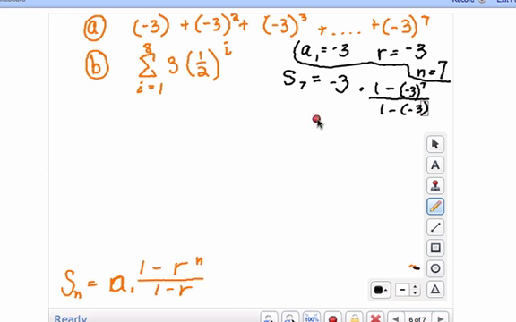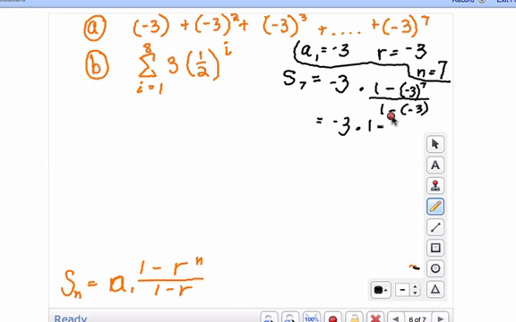Okay, so let's simplify this. It gives you negative 3 times, and then, a negative 3 to the 7th. It's going to end up giving you 1 minus a negative 3 to the 7th power.